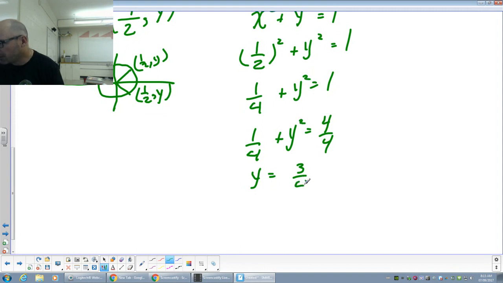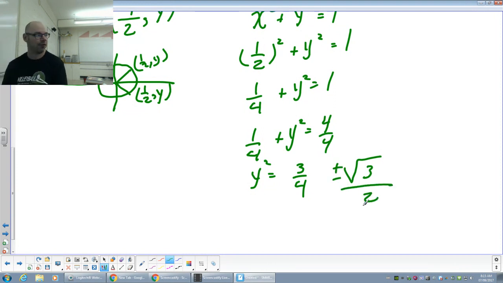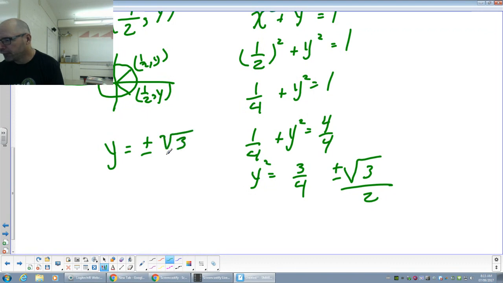Ooh, that could have been a bad one. Okay, and then we've got to take the root of it. So taking the root, root 3, plus or minus, and the root of 4 is 2. So y equals plus or minus root 3 over 2, sorry.